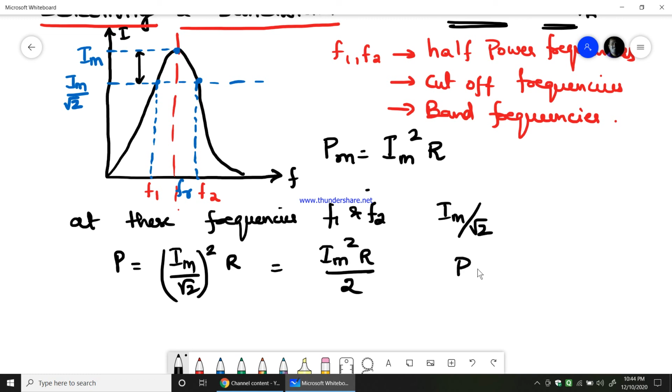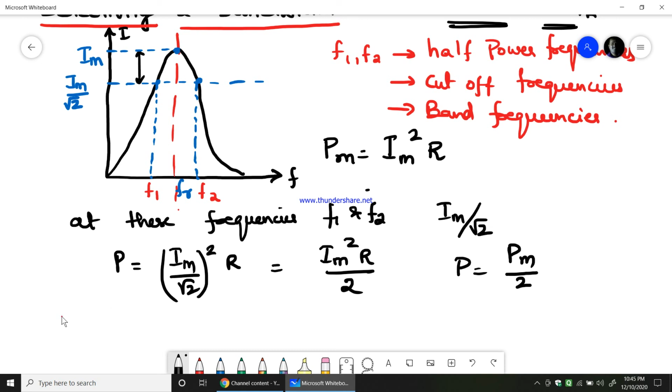So this power P is equal to Pm by 2. The power at that particular point is half of the maximum power. That is the reason these two frequencies are called half power frequencies, or cutoff frequencies or band frequencies.